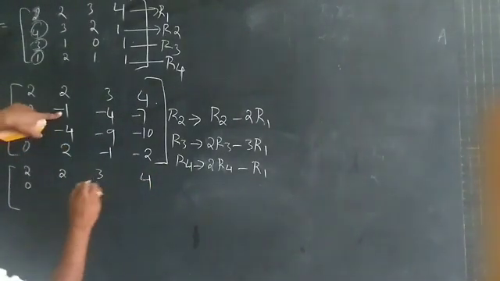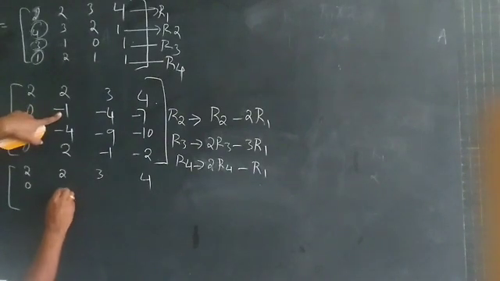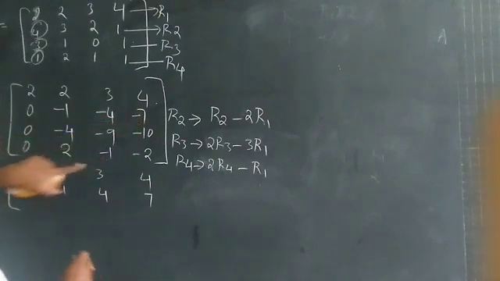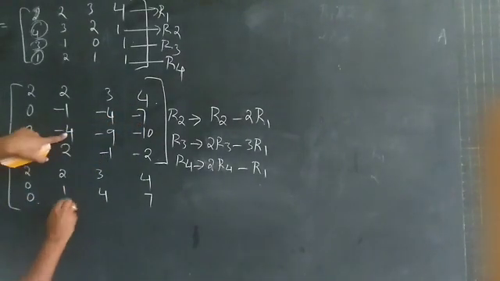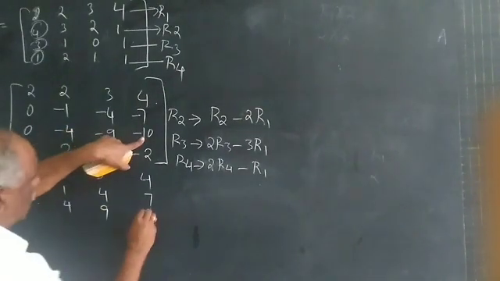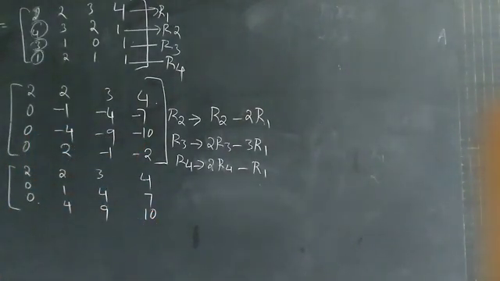When you multiply by minus, this becomes plus, this also becomes plus, this becomes plus 7. This is 0. This becomes plus 4, plus 9, plus 10. Now, if you want, you can also multiply this by 2 or keep that as it is, no problem, right? Because here it is not minus. So this is the matrix you now have.